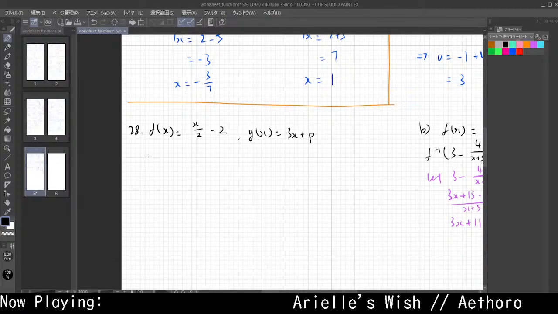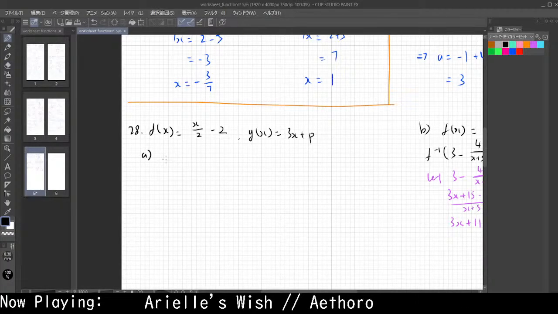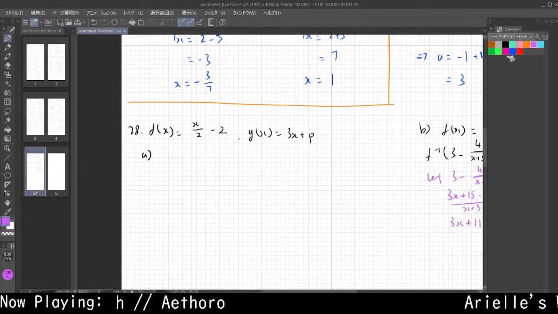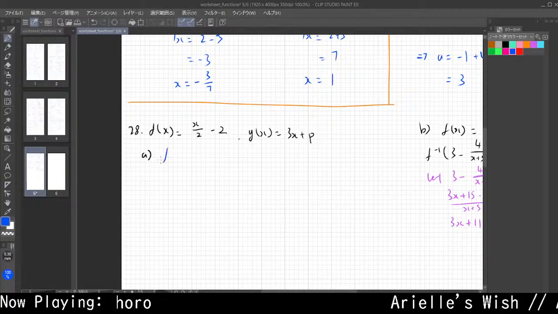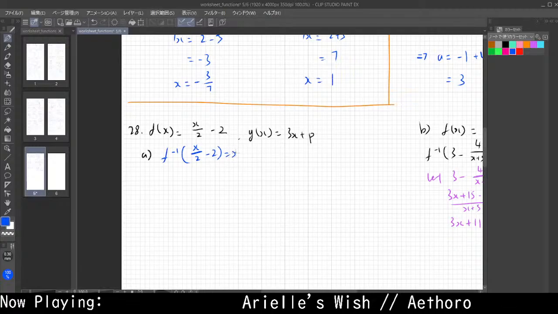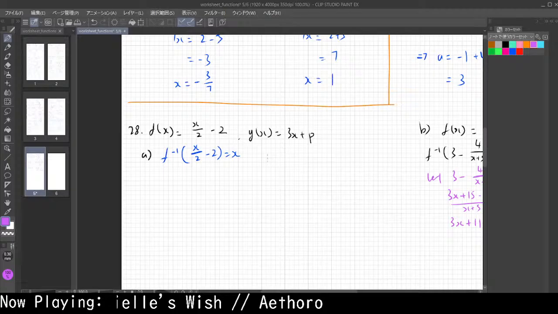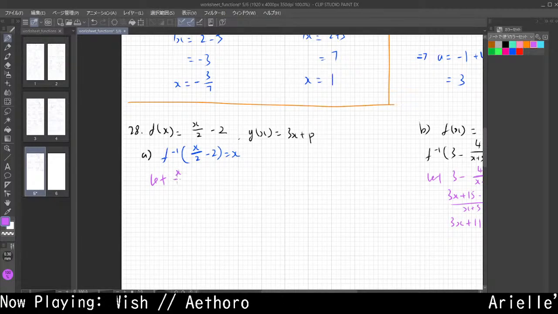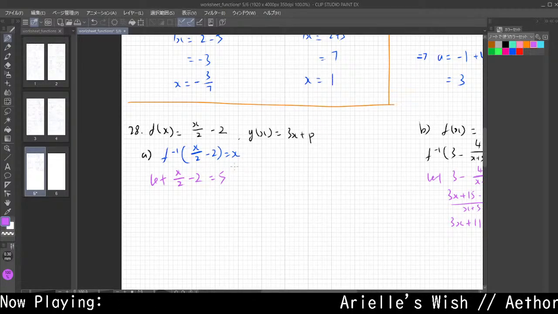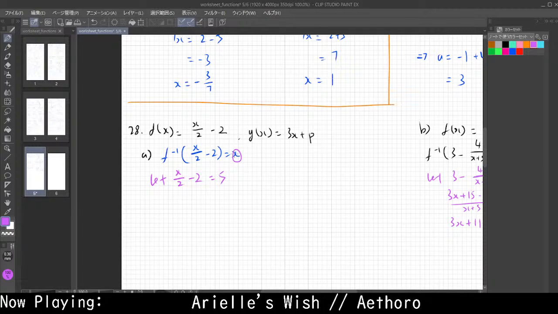Okay, so f inverse 5. Same idea. If I let what is inside the bracket, which is basically my f(x), be equal to 5, the x that I will be finding is the x over here, and that's basically what we want.